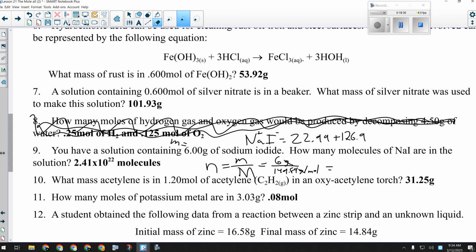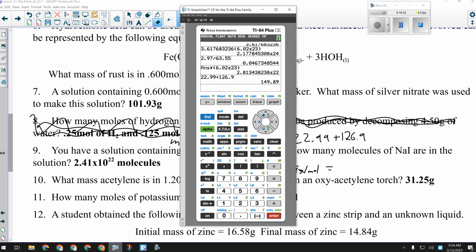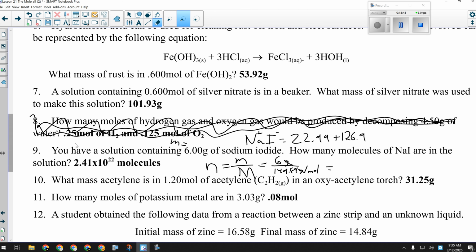Grams are going to cancel. It's going to be a pretty small amount here. So 0.04 moles.